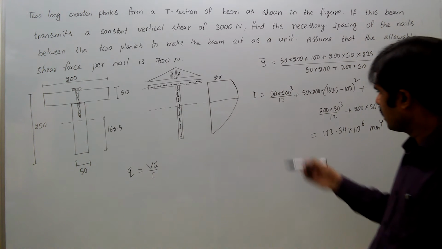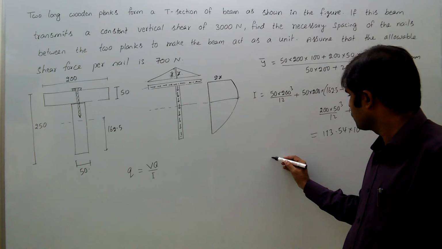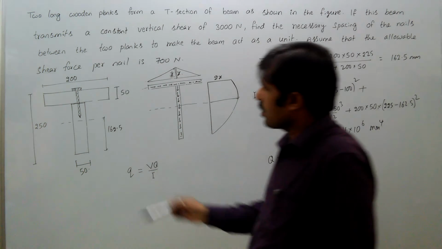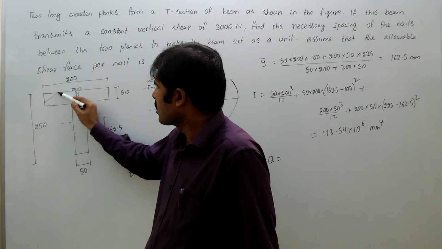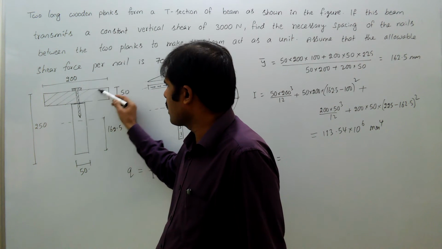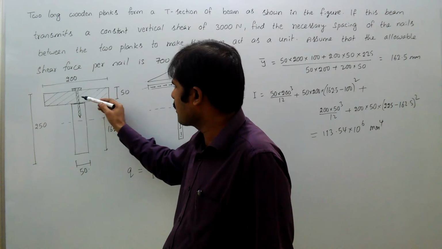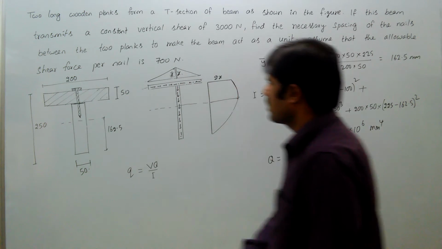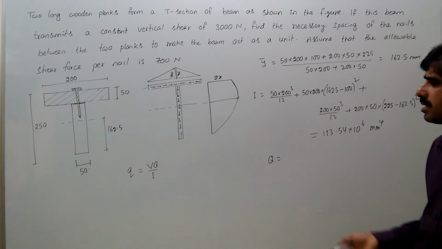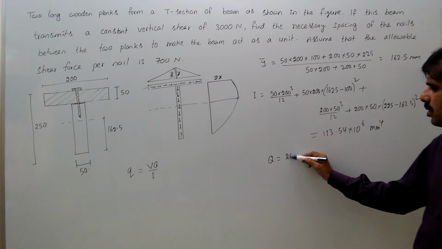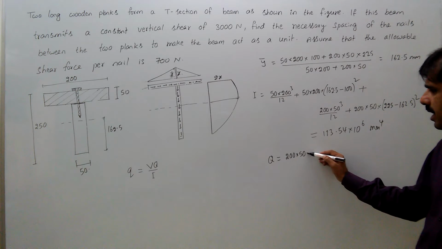Now Q equal to Q at this location. If you want to find shear flow at this location, same as usual in finding the shear stress, we shade the area. Here also Q means the moment of the shaded area, that is 200 into 50 is the area.